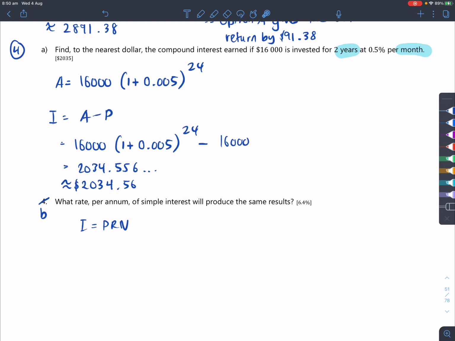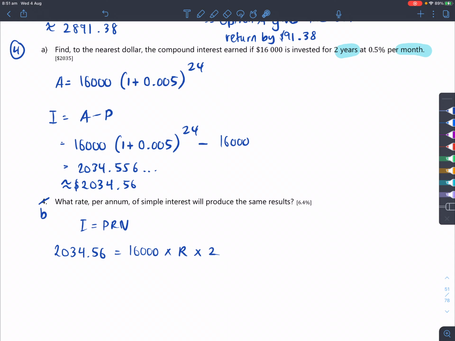We need to find that rate, whereas n is simply 2 years. So let's replace those numbers in. I is 2,034.56. Your principal, which you start off with, is 16,000. You're going to multiply it by some rate, which we don't know, per annum, times 2 years worth.